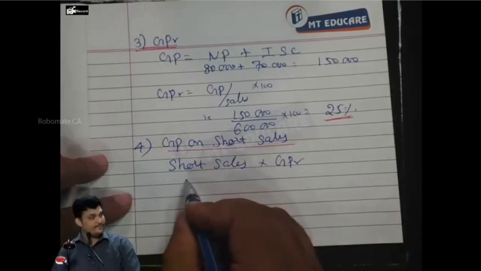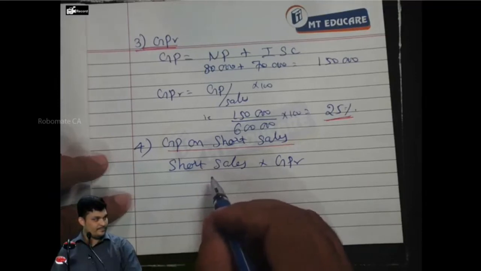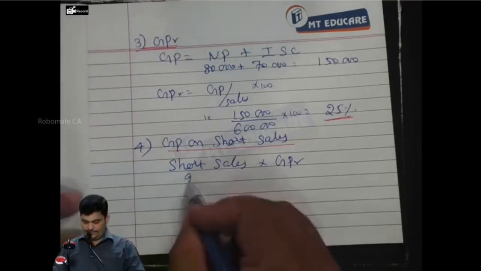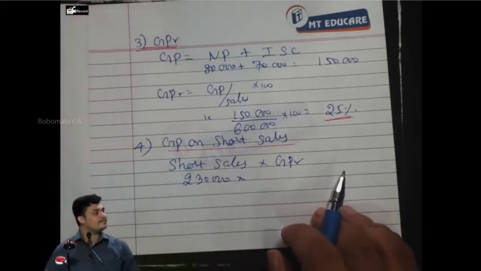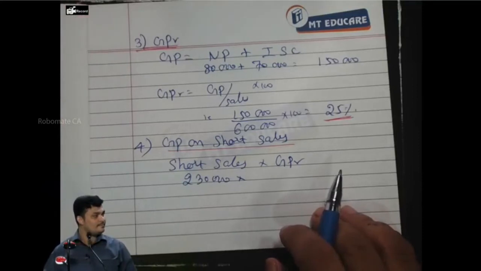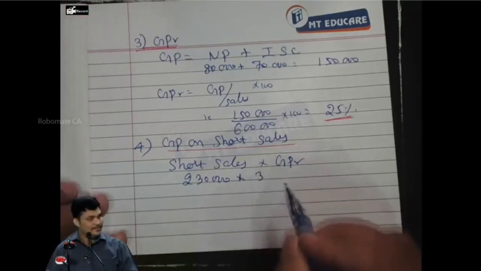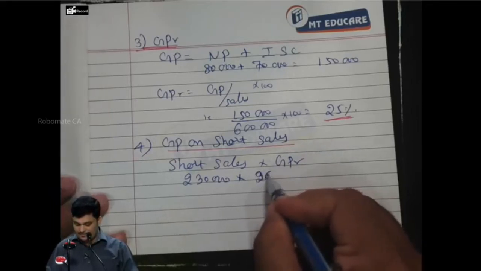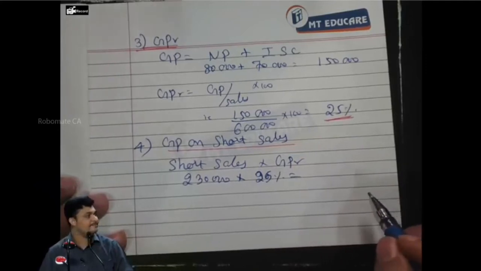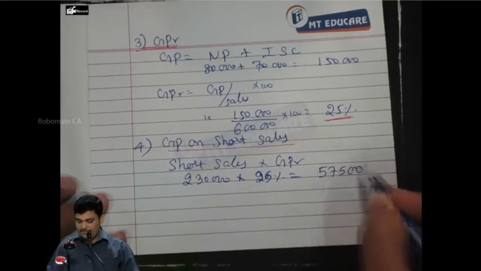How much is short sales? 2,30,000. 2,30,000 into 25%. How much? 57,500.